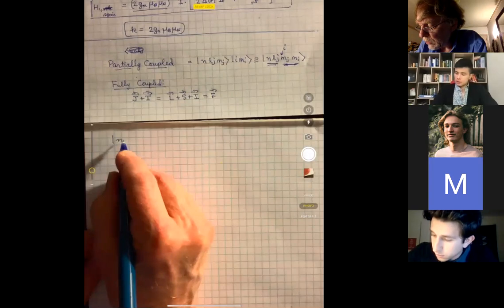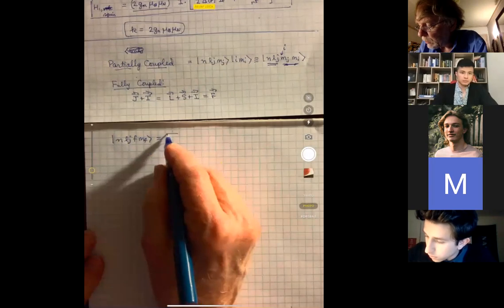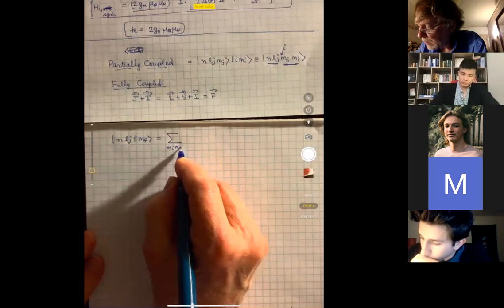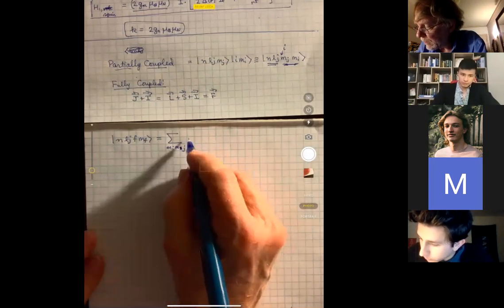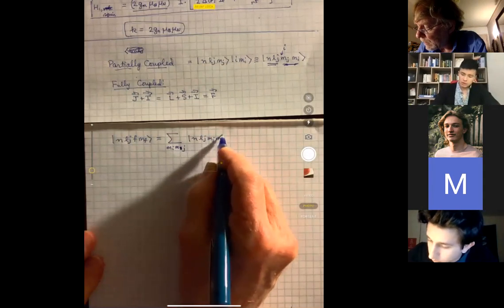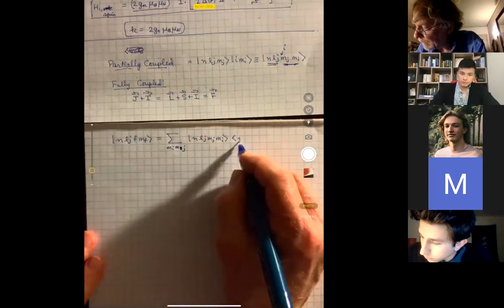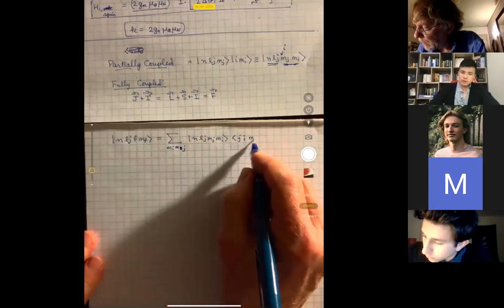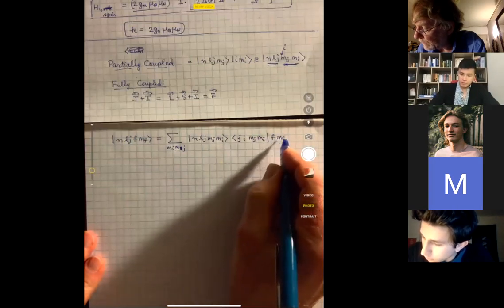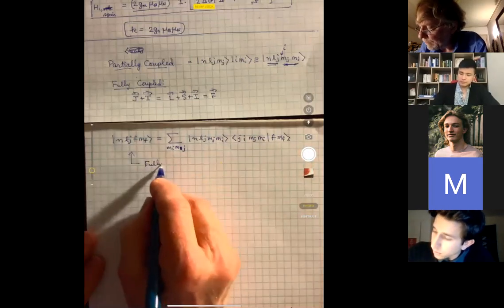It'll be N, L, J, F, and M sub F. And it's equal to a sum on the magnetic quantum numbers MI and MJ of N, L, J, M sub J, M sub I times the Clebsch-Gordan coefficient that you'd get by combining J with I. So it's J, I, MJ, MI, giving you a total value of F and MF, like so. And as I say, we'll call this the fully coupled basis.